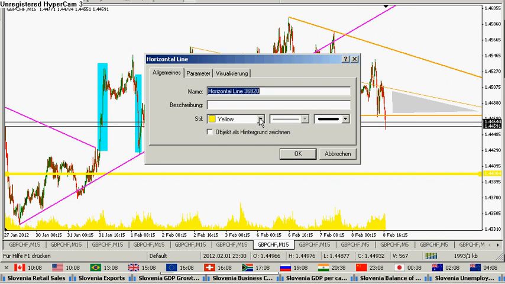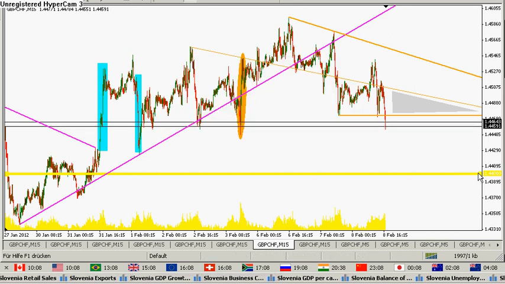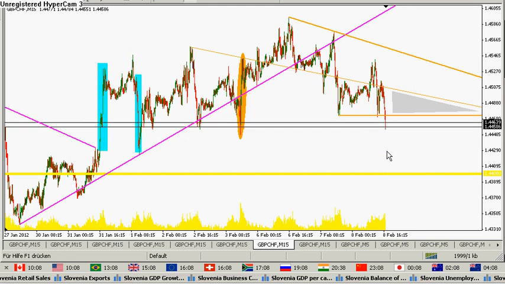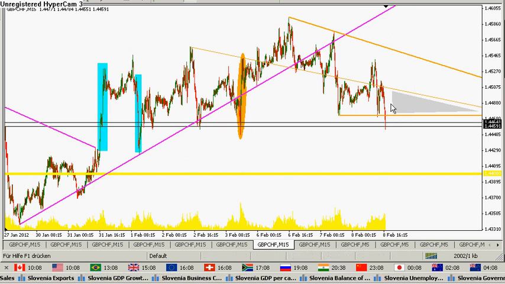If we should fall down to 144, that would be a buy signal too for me, but I don't accept it yet.